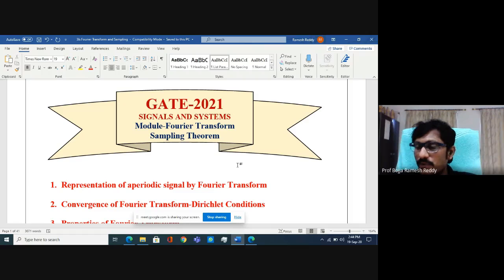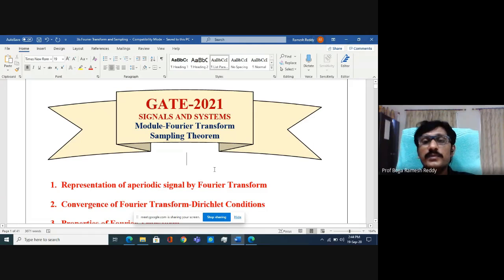Then what is our role? What is the engineer's role? We need to analyze what happens in the communication system, where it happened, and how to rectify it. For that, we need both time domain and frequency domain analysis. That's why we need some conversions. We need mathematical tools to convert a known time domain representation into frequency domain representation.